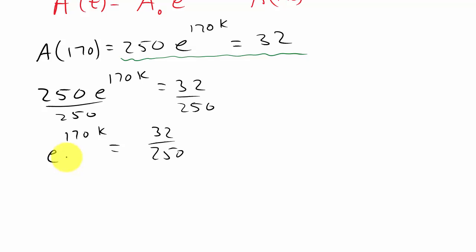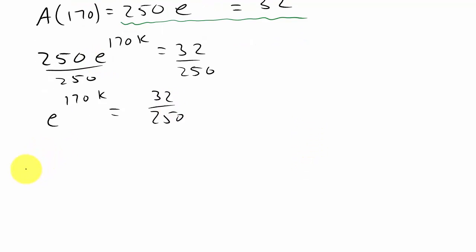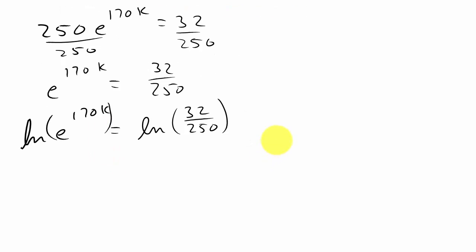Now, do we remember how to solve this? I have e raised to a power equals some number. So remember, to solve this, I'm going to take the natural log of both sides.